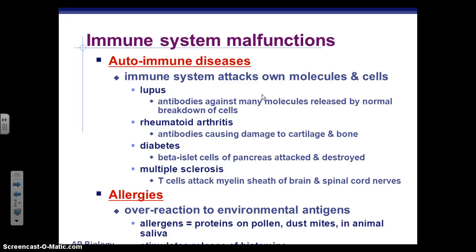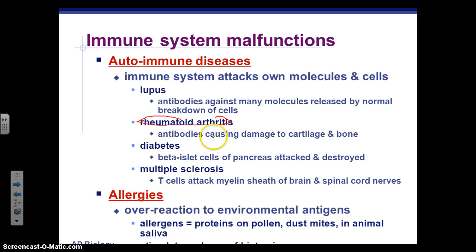So, autoimmune diseases are when the immune system attacks cells that it shouldn't. Usually immune cells only attack when they bind to foreign antigens, but in these diseases they bind to cells that are self and inappropriately attack them. Rheumatoid arthritis causes antibodies to start attacking bone and cartilage in your joints.